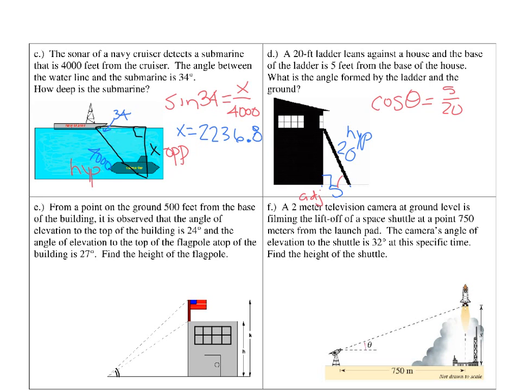Now remember, because we're looking for an angle, we're going to use the inverse. So the inverse of cosine is equal to, all right, so when we plug this into our calculator, that's what it would look like. My bad. And our answer, rounded to the tenth, is 75.5 degrees.